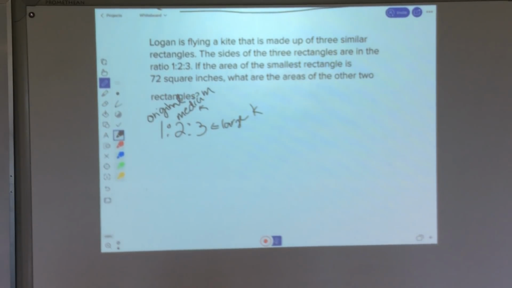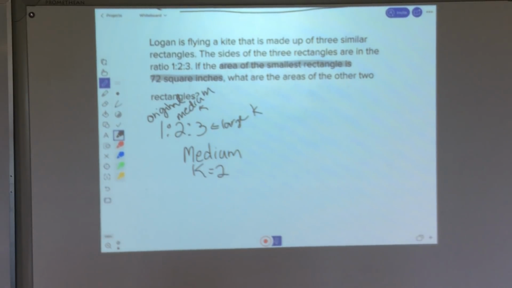Okay, so they told us the original area, that smallest area, is 72 square inches. So the first one we need to find the area of is the medium one. Okay, which means we're going to use that scale factor of 2.